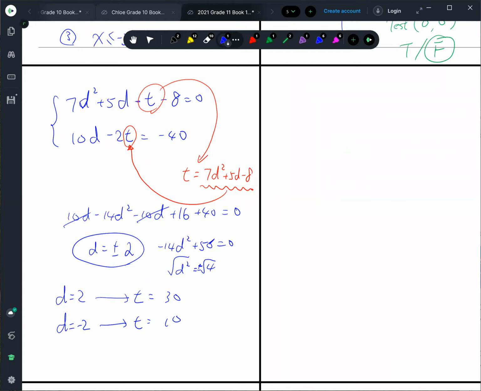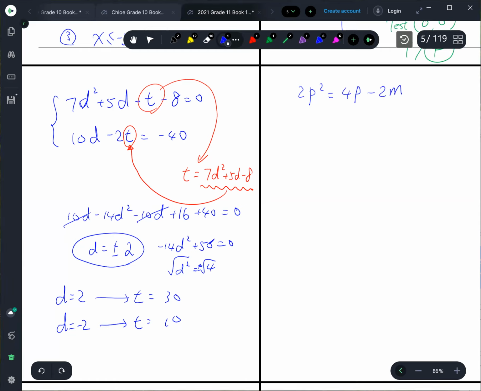Yeah, so there is one that you have to solve with elimination. There are ones like 2p squared equals 4p minus 2m plus 6.